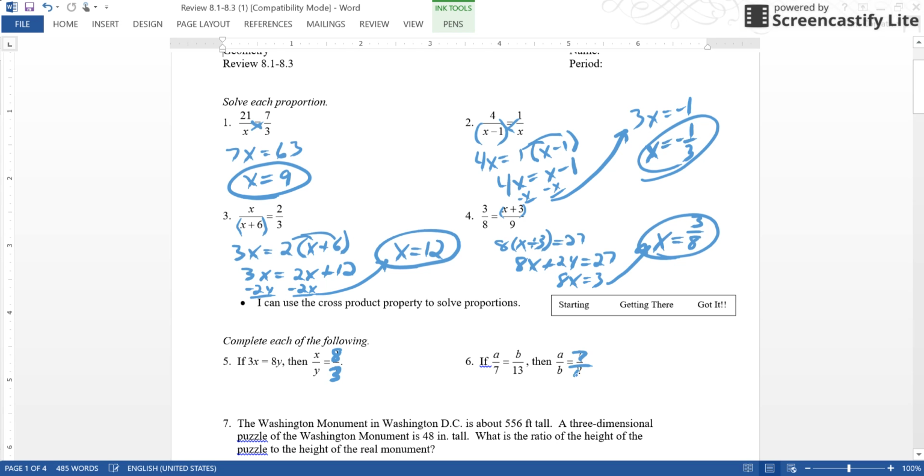We're going to have 7 on the top, 13 on the bottom. We move it around. Okay? Remember, we're moving it this way. b is going down, 13 is going over, and the 7 went up. All right.